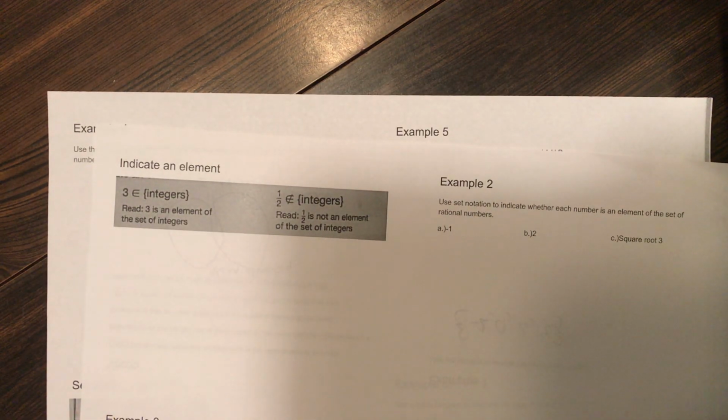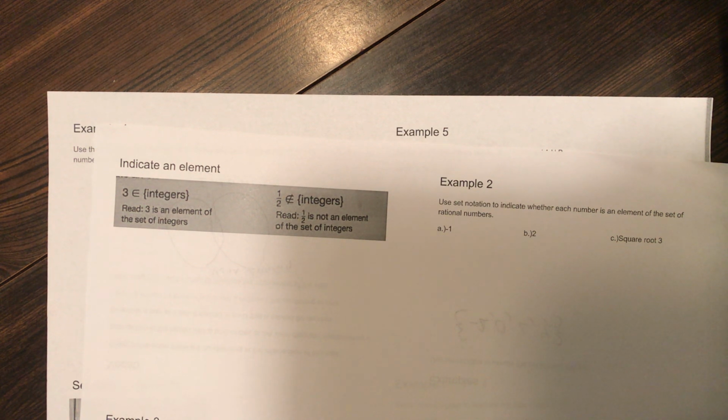As this reads, you're going to have this E-looking symbol that looks a little more rounded, indicating elements. 3 with this symbol, integers. Well, is 3 an integer? It's a counting number and it is not a fraction, so yes.